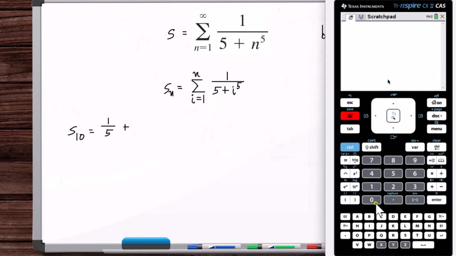So, all right, we've got 1 over 5 plus n to the 5th. All right. Save that as the equation E. And so now what we want to do is we've got E with n equal to 1.